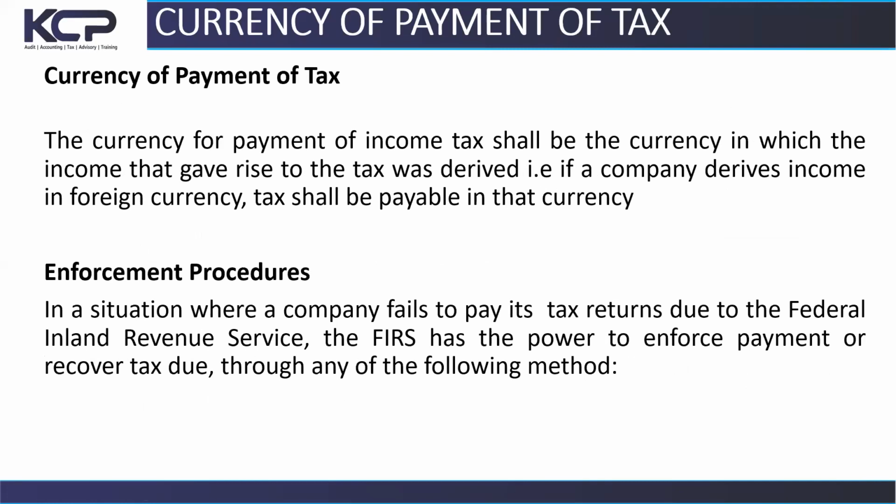Then the currency of tax payments. The currency of tax payments of income tax shall be the currency in which the income that gave rise to that tax was derived. So this is an issue that is very confusing. Federal government through the CBN is saying that crypto is not a legit business, and banks should not support it.